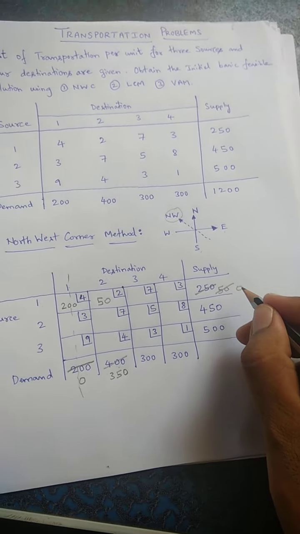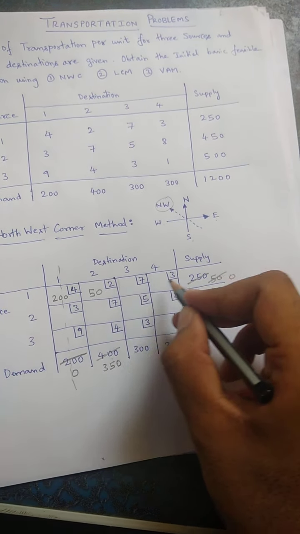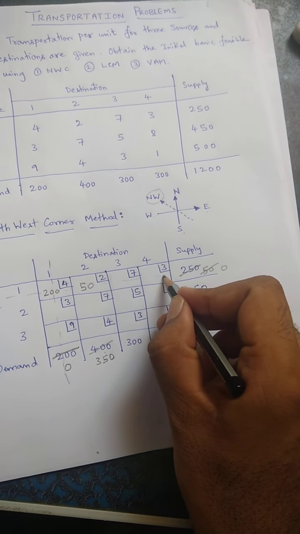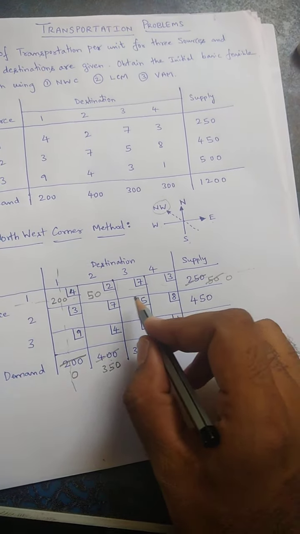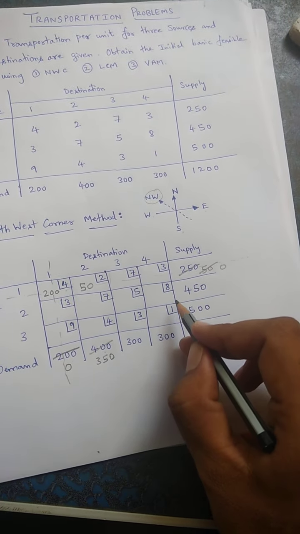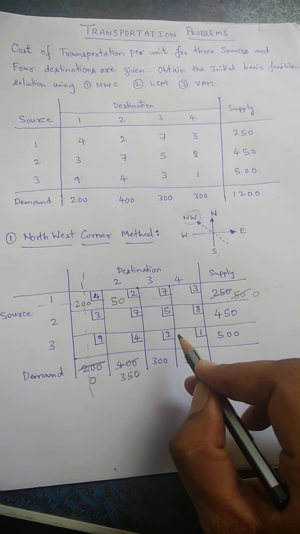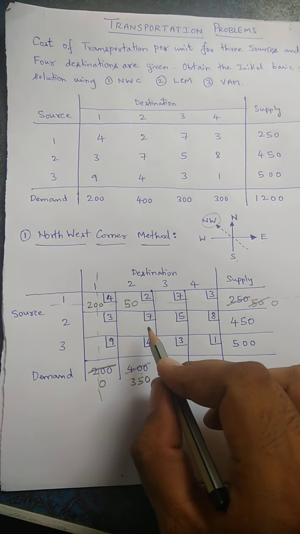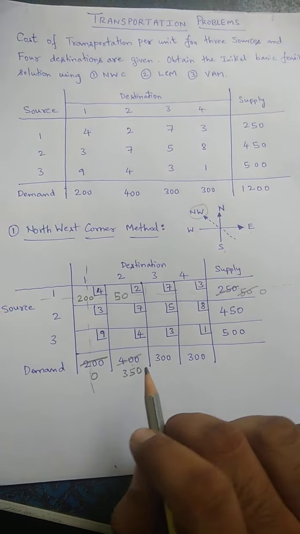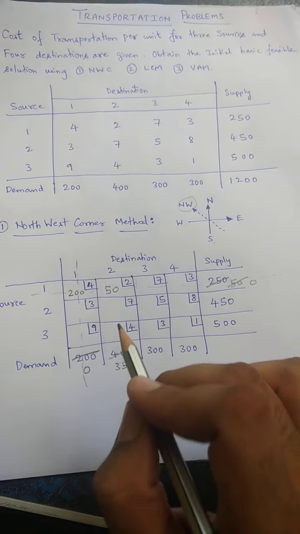Here we can observe that in this row, the supply is completely over. Source 1 has no more units with it, so this row is also eliminated. Since this column and this row are eliminated, we are left with these 6 cells. Among these 6 cells, the northwest corner cell is this one, which costs 7 to ship a product from the second source to the second destination.